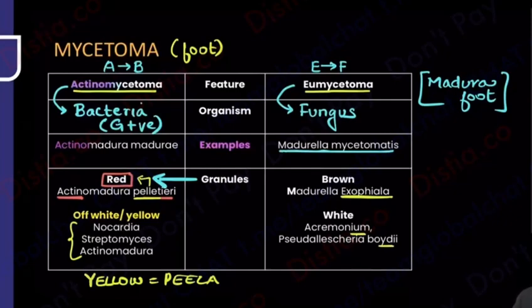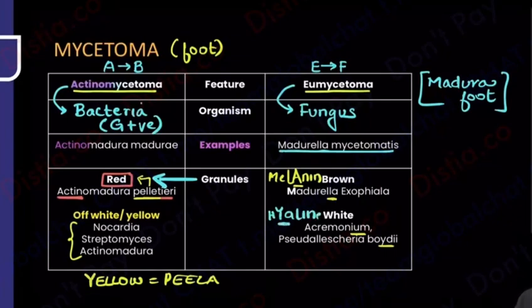A little bit of this I taught you when we were doing the initial part. Do you remember, when we were studying the starting part, I told you some septate hyphae are going to be phaeoid, containing melanin, and that time I told you all the A things are going to have melanin. So Madurella is going to have melanin. Similarly, I had told you there is something called hyaline. Hyaline is not going to have any color.